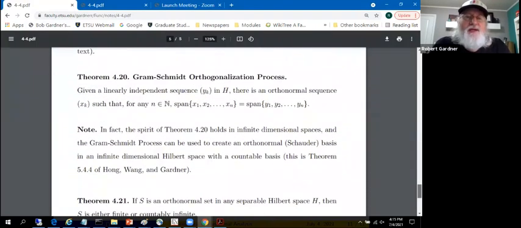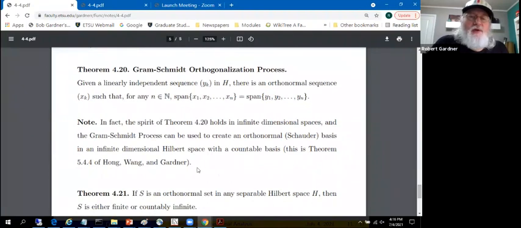The Gram-Schmidt process, Promislow's Theorem 4.20 says, given a linearly independent sequence y sub k in a Hilbert space H, there's an orthonormal sequence x sub k. So we take the y sub k's and turn them into x sub k's such that the span of the first n of those vectors x equals the span of the first n of those vectors y, and that works for all n.